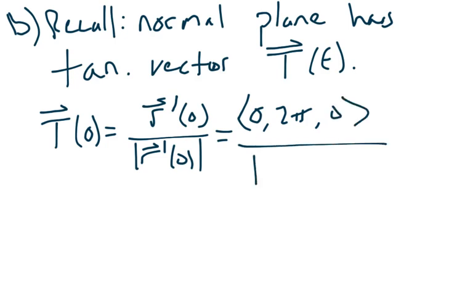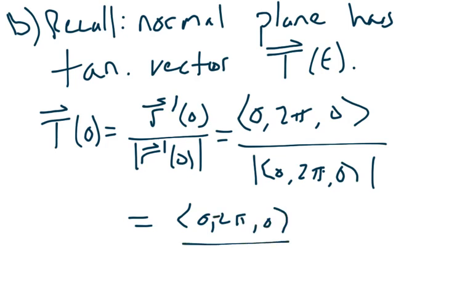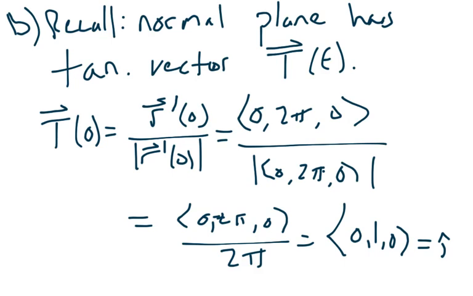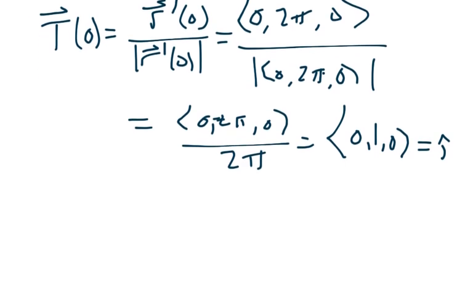And on the bottom we have the magnitude of 0, 2 pi, 0, which of course is just 0, 2 pi, 0 divided by 2 pi, or 0, 1, 0, or j hat, right?